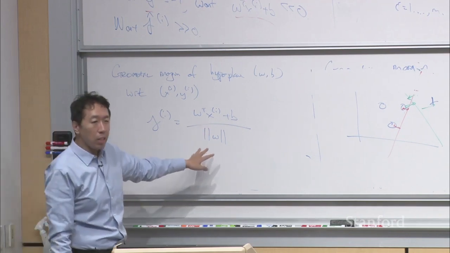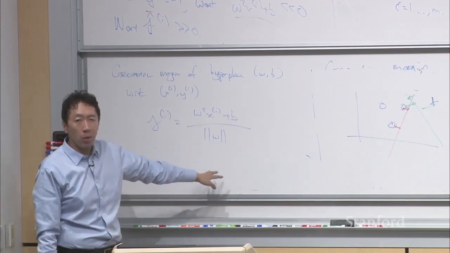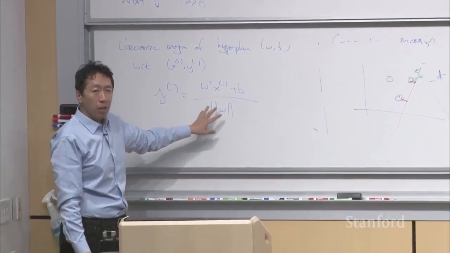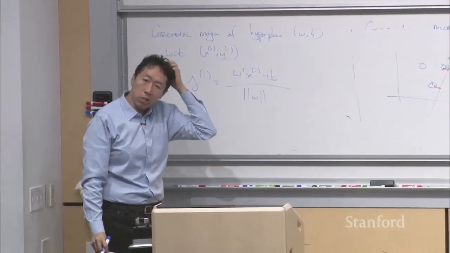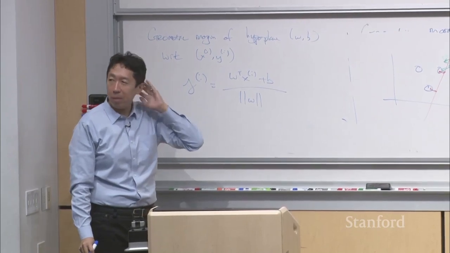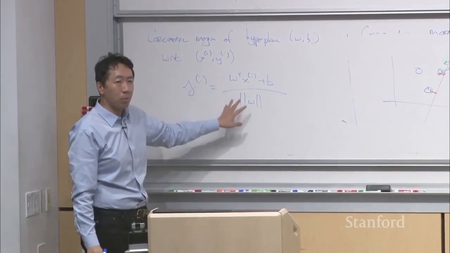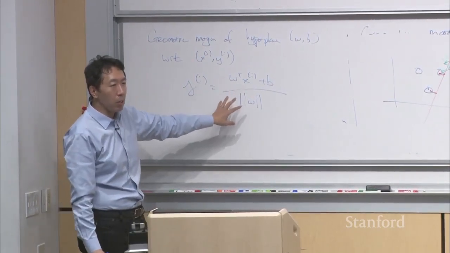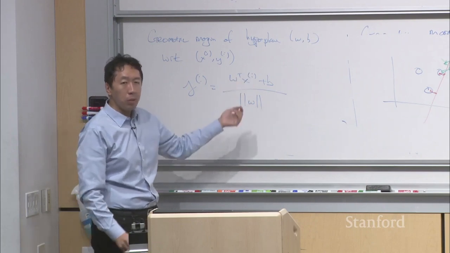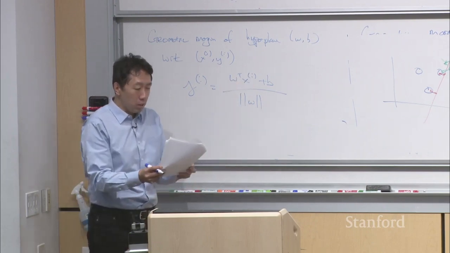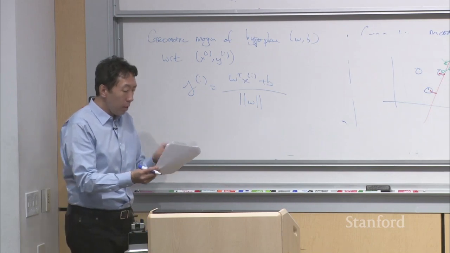The proof is given in the lecture notes, which show why this is the right formula for measuring the Euclidean distance that I just drew in the picture up there. This turns out to be the way you compute the Euclidean distance between that example and the decision boundary. Okay?